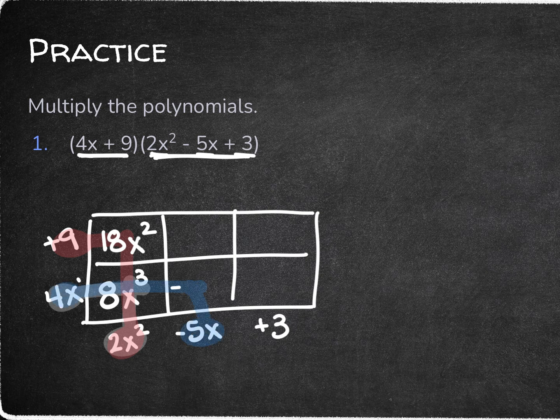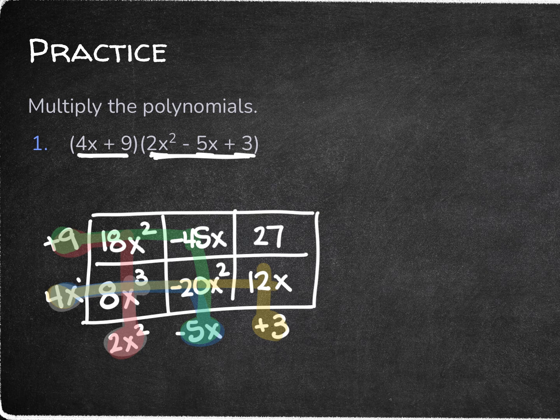Okay, so I'm going to get negative 20x squared. Negative 5 times positive 9 is going to give me negative 45x. I have 3 times 4x, so I'm going to get 12x. And then that very last one, 3 times 9 is going to give me 27.